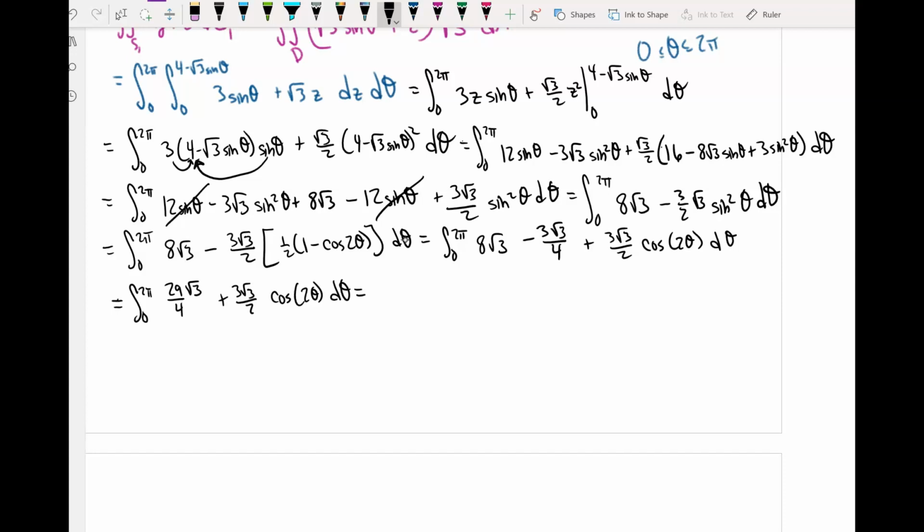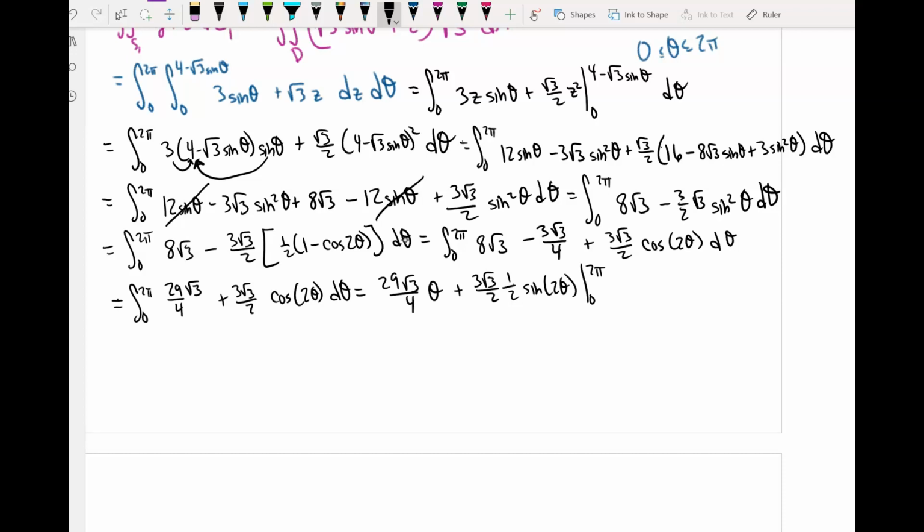Okay, now let's take the antiderivative with respect to theta. So that's going to be 29 square root of 3 over 4 theta. And this guy is just going to give me a 3 square root of 3 over 2. Antiderivative, that's 1/2 sine of 2 theta from 0 to 2 pi.